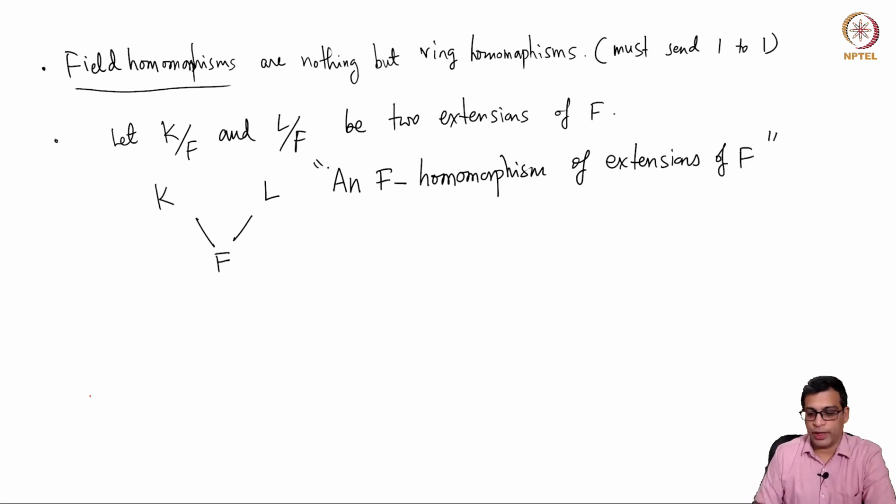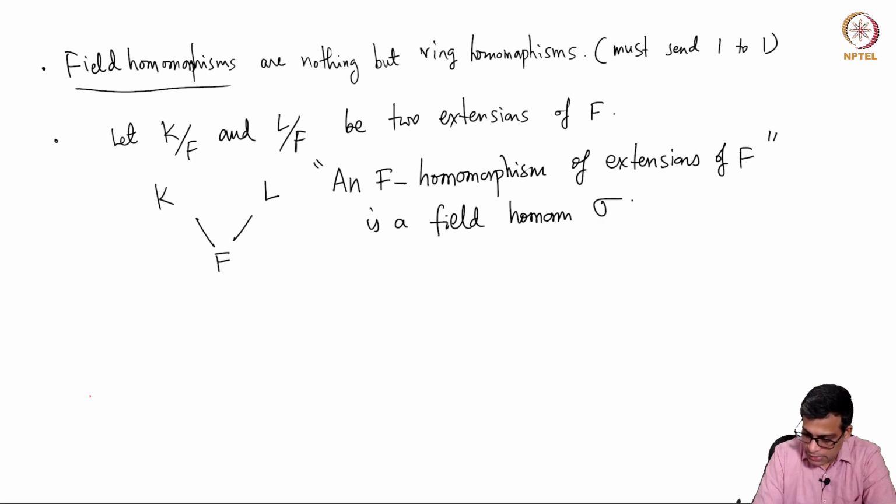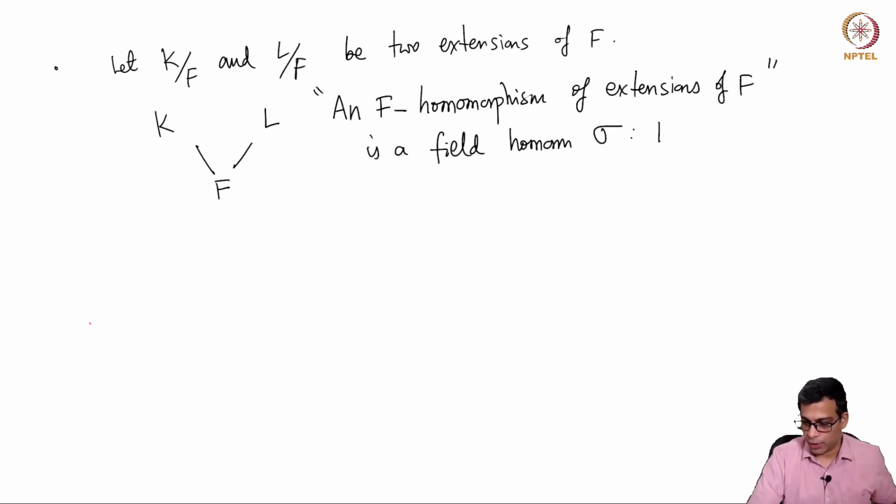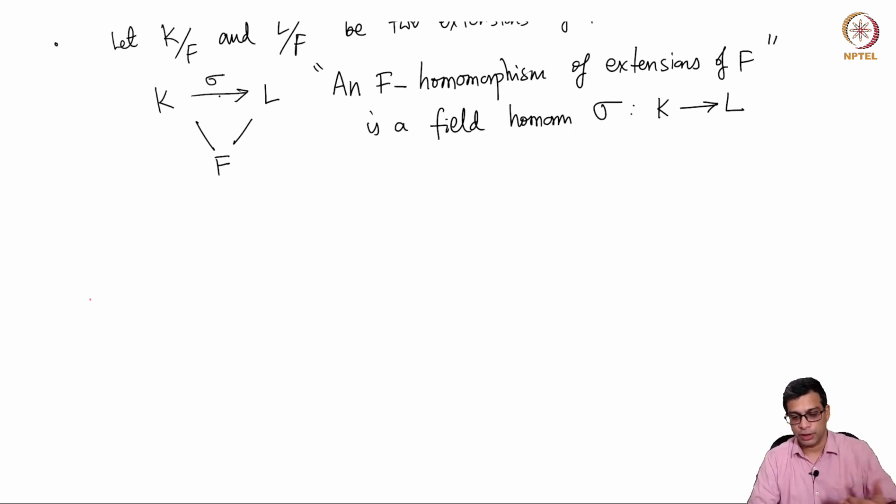So if you take two extensions of F and you want an F homomorphism, it is a field homomorphism sigma from K to L. So it is a map from K to L, a field homomorphism, in other words a ring homomorphism.